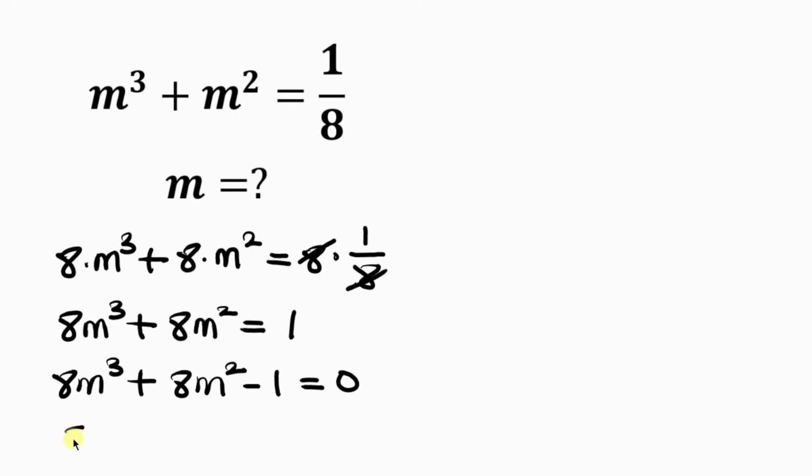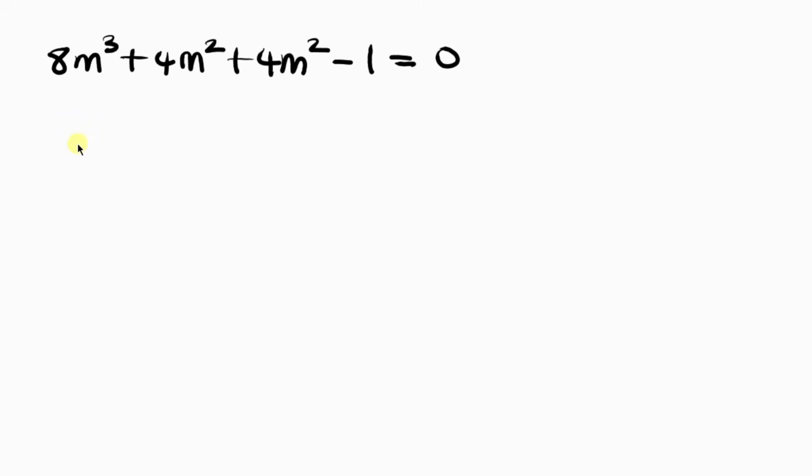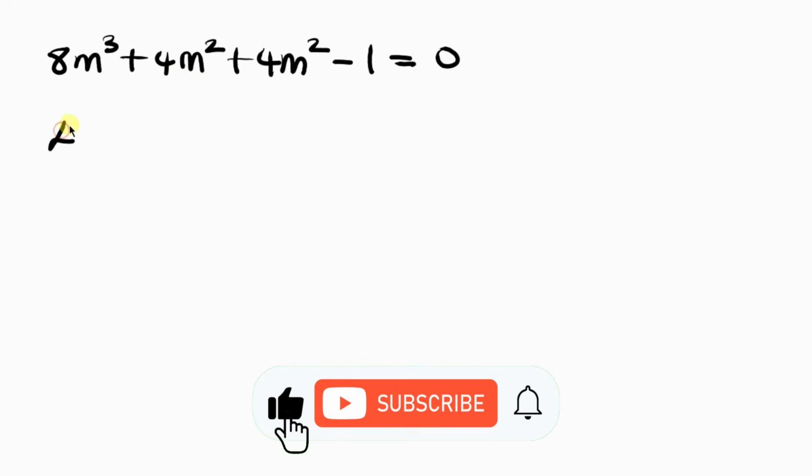So we have 8m cubed. Now let's break this down. 8m squared is the same as 4m squared plus 4m squared. Good. Minus 1, and this is equal to 0. Now notice that from these first two terms, 4m squared is common, so we can factor out 4m squared.